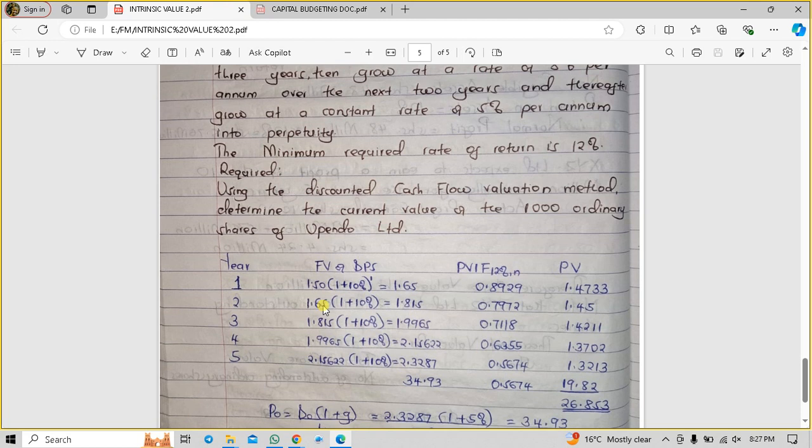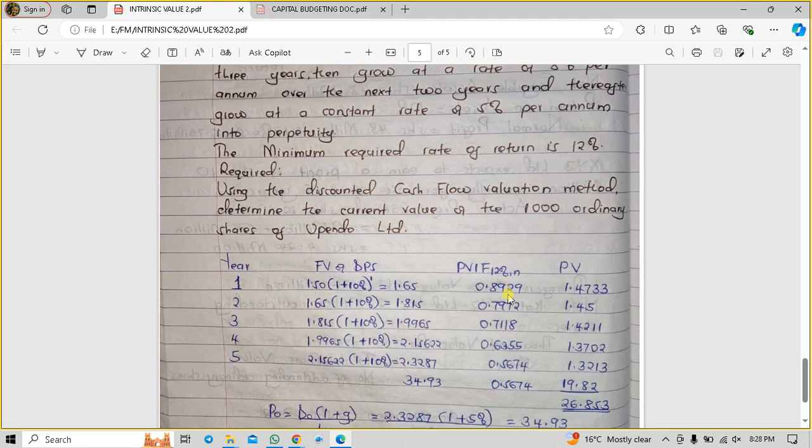In the second year, 1.65 times 1 plus 10% gives 1.815, then times 1 plus 10% gives 1.9965. Then 1.9965 times 1 plus 8% gives 2.15622, and 2.15622 times 1 plus 8% gives 2.3287. PVIF still remains. We use the required rate of return of 12%.